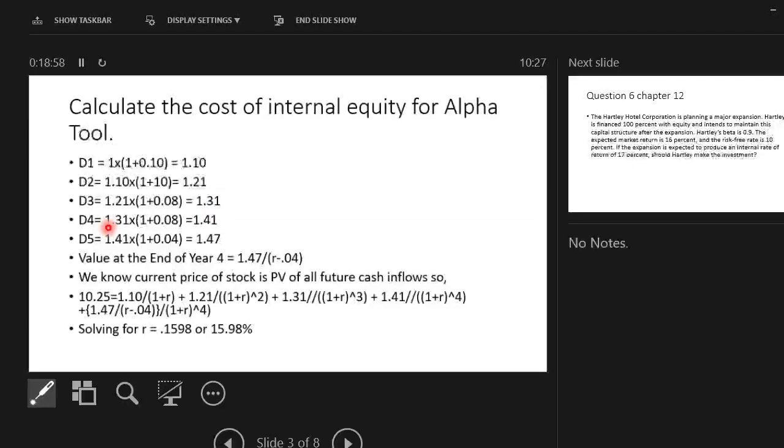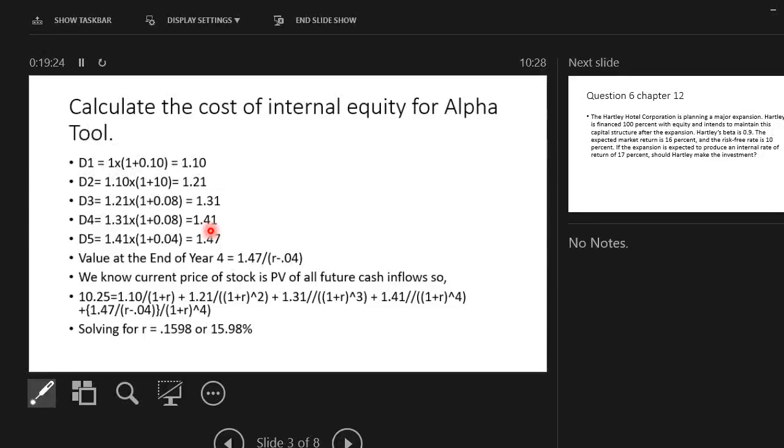For year 4, it's another 8% growth, so it's 1.31 multiplied by 1 plus 0.08, another 0.08, and we get 1.41.